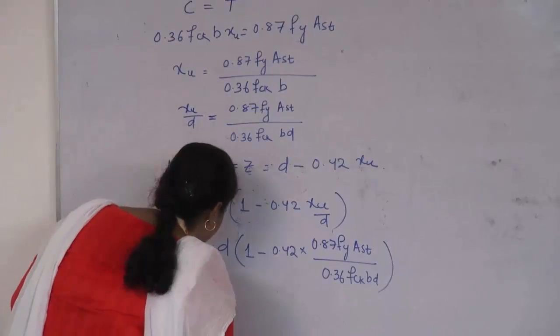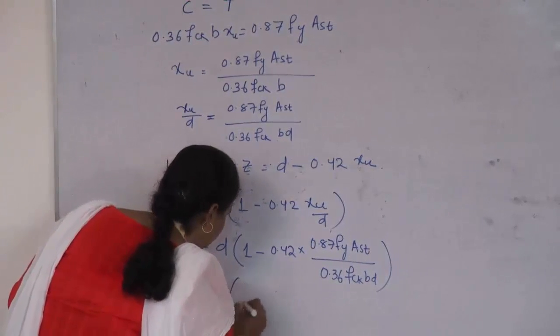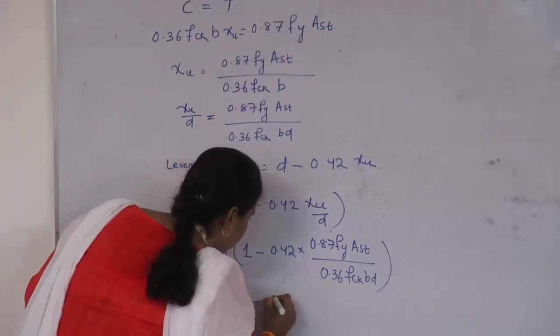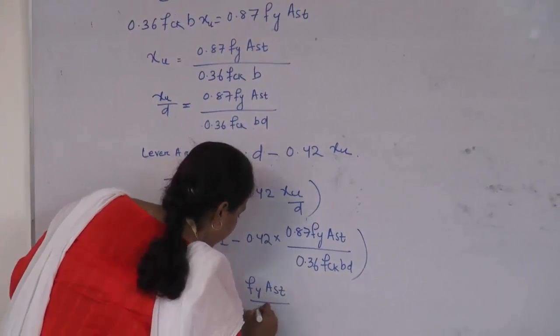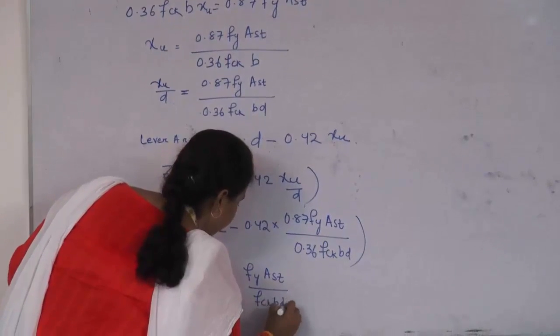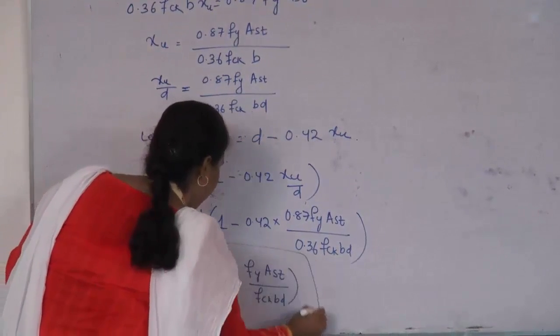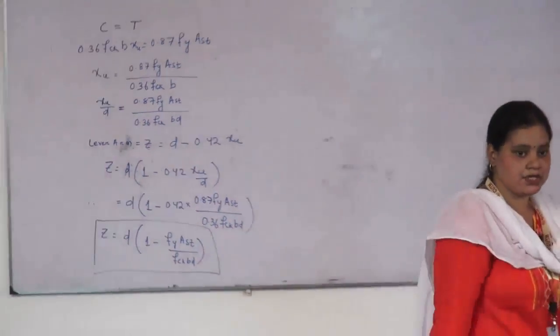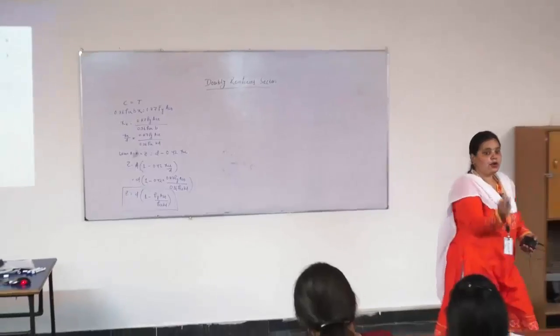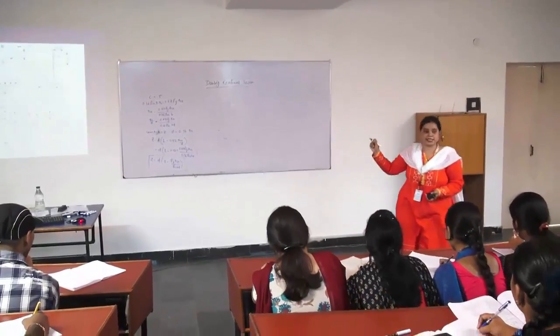So I can write Z equal to D into 1 minus Fy AST divided by FCK BD, which is our final lever arm equation. But you don't know what is the maximum value of XU.